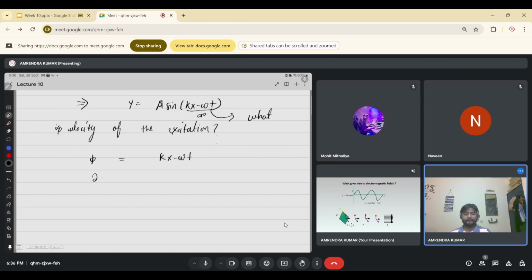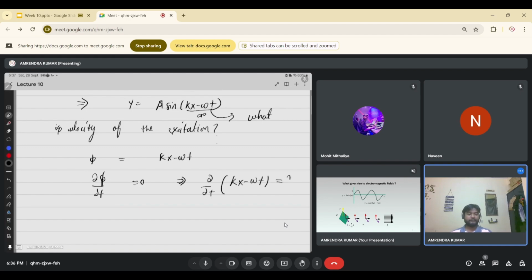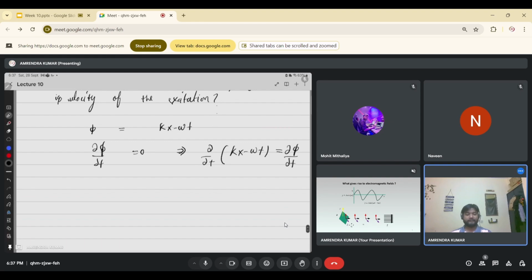But for a plane wave the phase is constant, so del phi over del t is 0. Taking the time derivative, del over del t of kx minus omega t is equal to del phi over del t, and we know that for a plane wave this is 0.